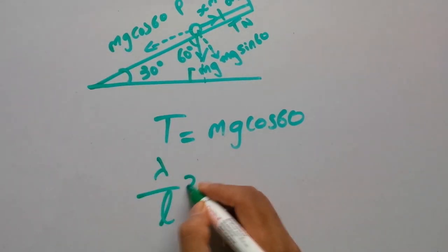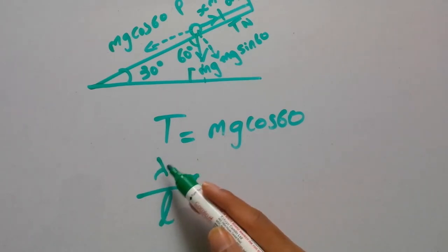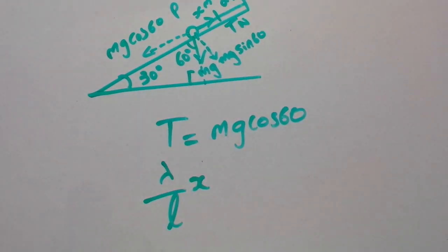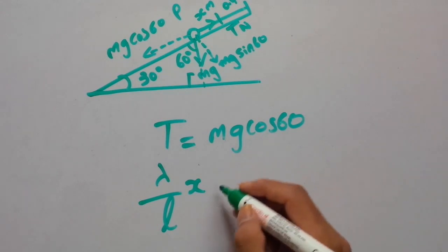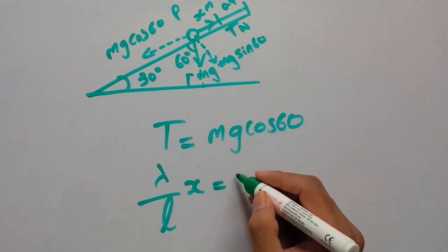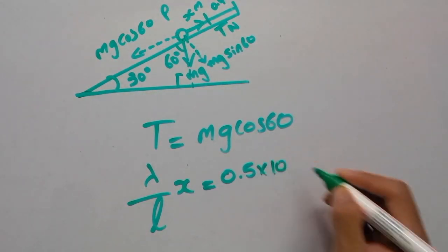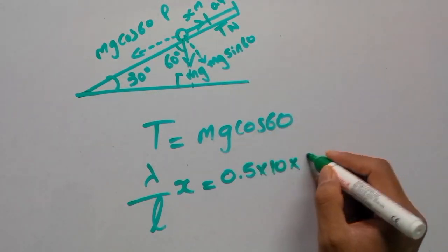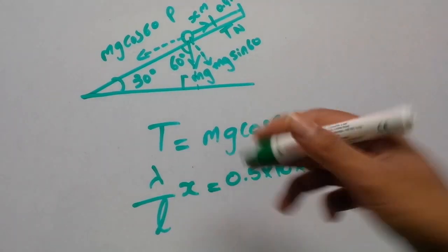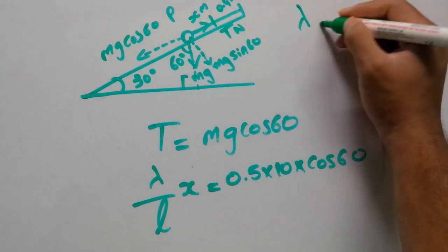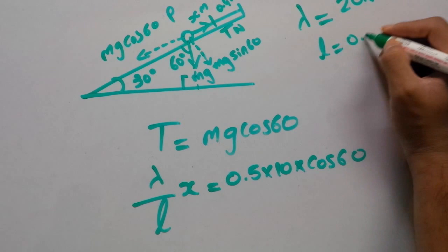Tension is given by lambda upon L into x, where lambda is the modulus of elasticity of the string, L is the natural length of the string and x is the extension in the string. Mass, we know it is 0.5 kg, times gravity is 10 and cos 60. Substituting the values given in the question, lambda is 20 newtons, L is 0.4.